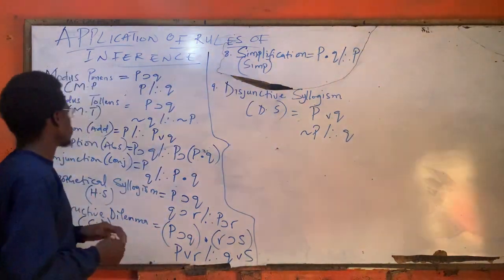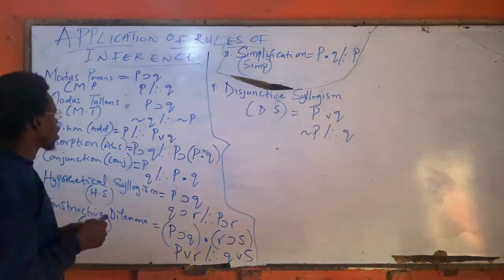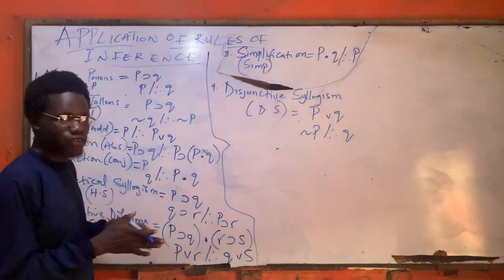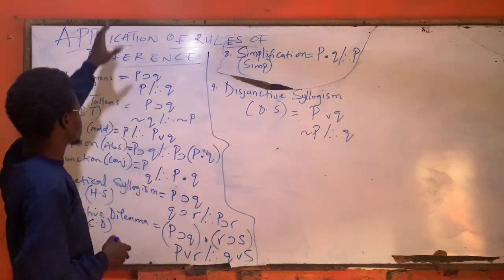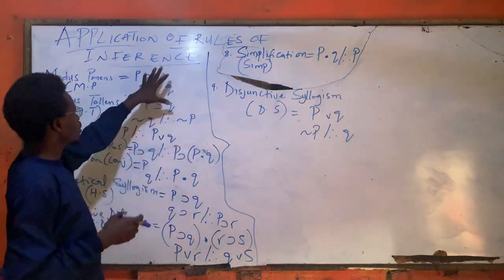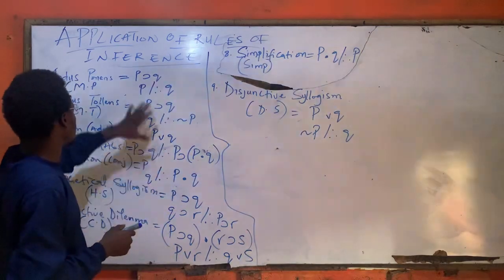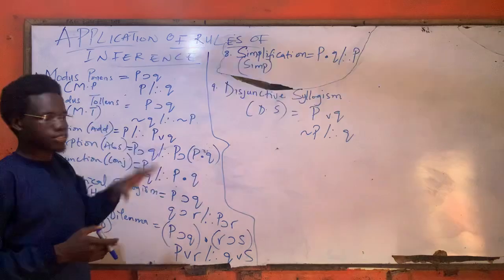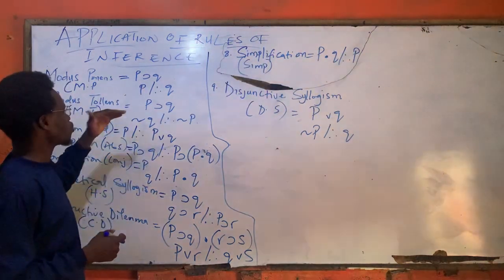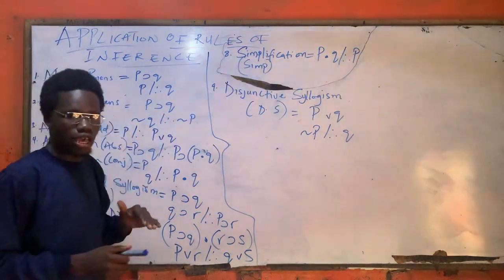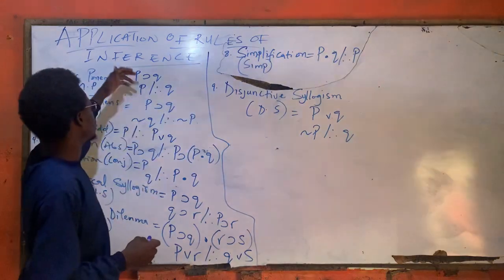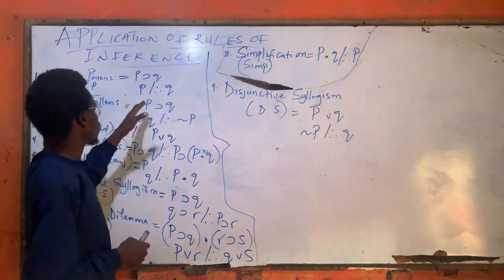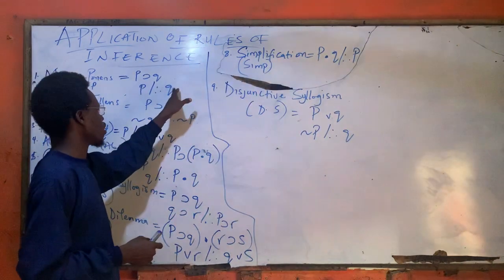In resolving our argument, we need to understand these rules. For each rule that has two premises, whenever you are resolving arguments, you must make sure that the two premises are present before we can derive our conclusion.